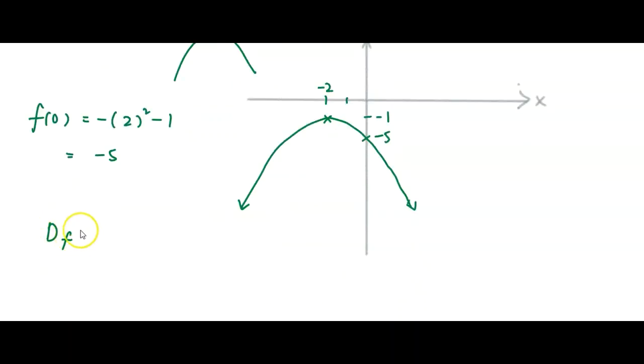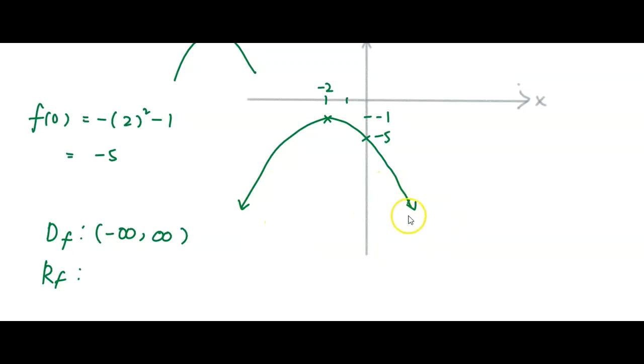From this graph, we can determine our domain. The domain, again, you can see your graph is going to the left and going to the right non-stop. So your domain will be negative infinity to positive infinity. And for the range, you will search for the lowest value, the lowest point of your graph.